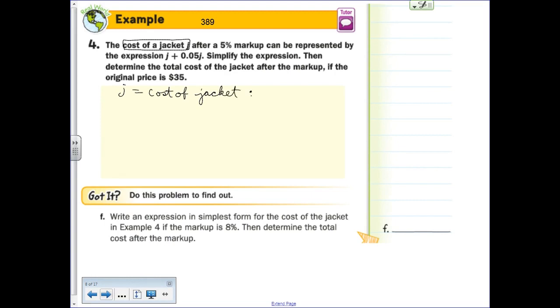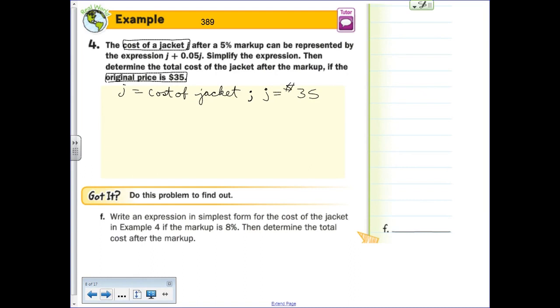So, and we know that J, that's a semicolon by the way, and that's a J. J equals $35 because it tells us that later in the problem.